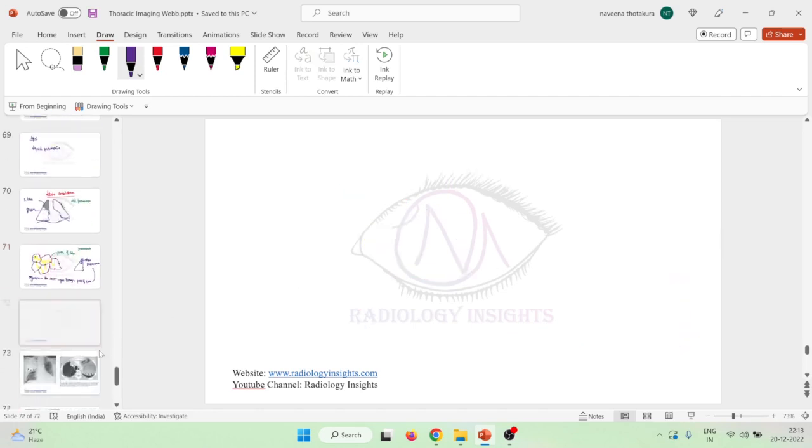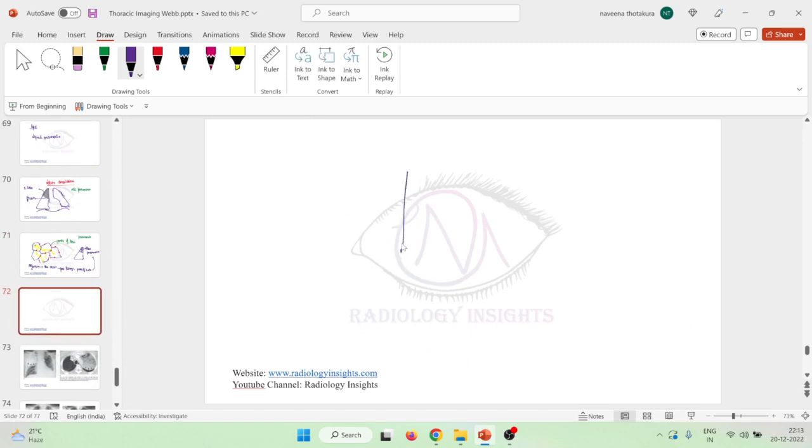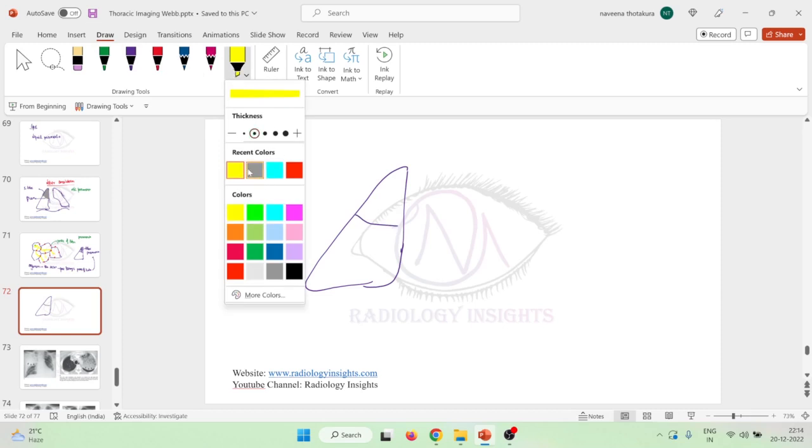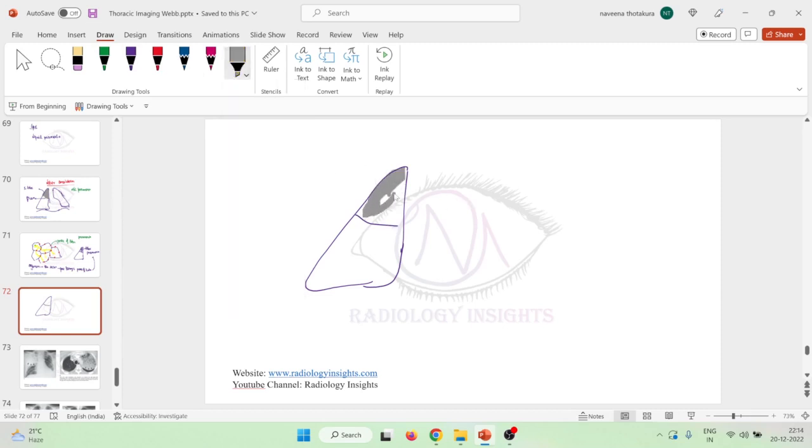One more important thing is that sometimes there might be involvement of the fissure also. Sometimes this consolidation may involve the upper lobe or a particular lobe, and also a part of the fissure. When a part of the fissure is involved, a complete fissure or incomplete fissure may be involved.